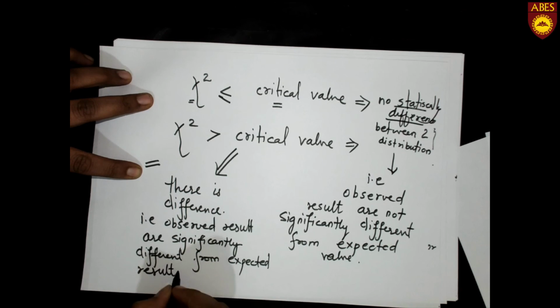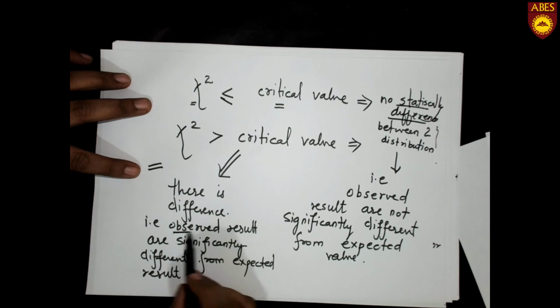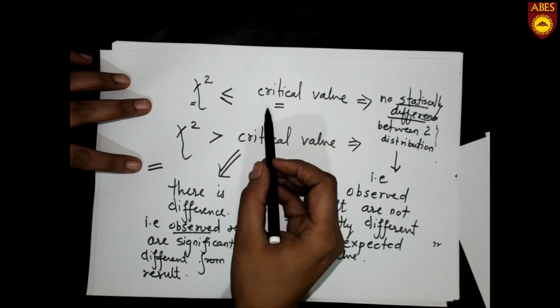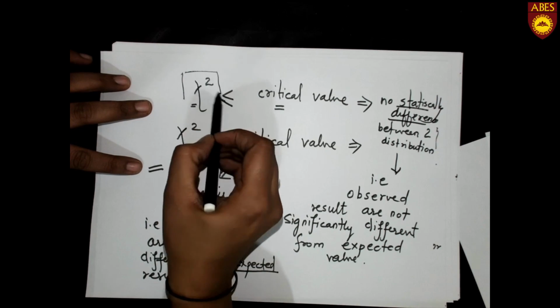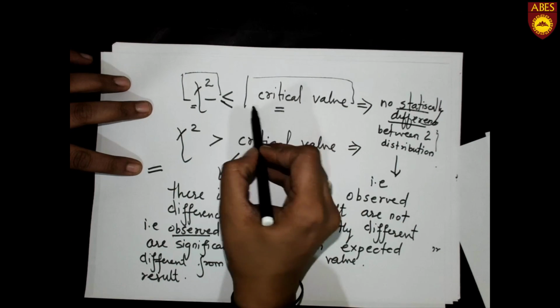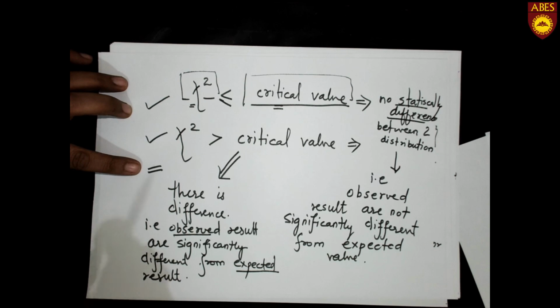When I started, I told you that the purpose of the chi-square test is to determine the difference and the dependencies between your observed and expected values. The procedure for finding chi-square and comparing it with the critical value is a little bit complicated, but for solving a chi-square value we just need to follow some formulas, and the critical value I can get directly from my table for these two important comparisons.